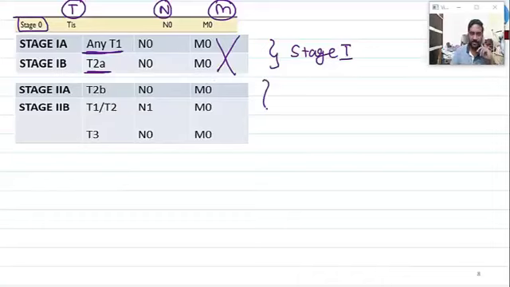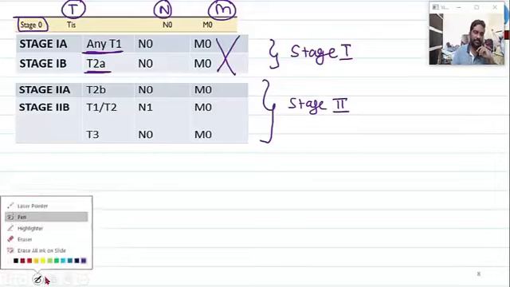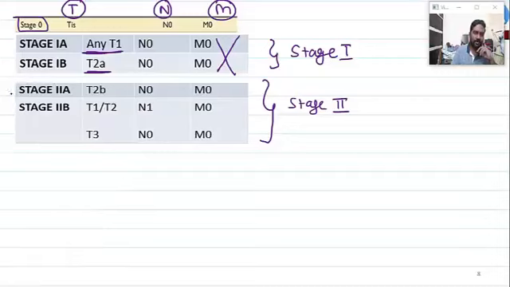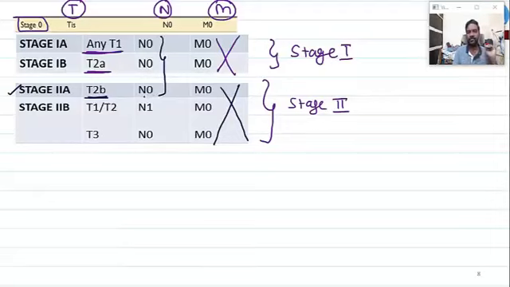In stage 2, there is 2A and 2B. To call it stage 2A, the tumor has now become T2B, with no nodes. So up to stage 2A, generally there will be no nodal involvement.